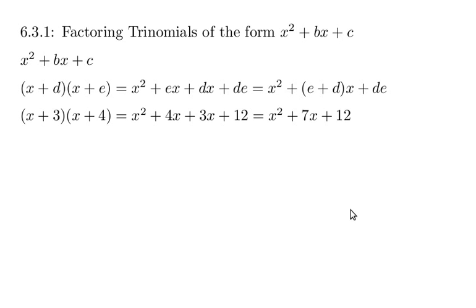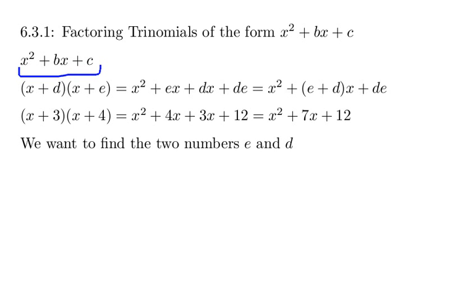If we're factoring x squared plus bx plus c, we want to find the two numbers e and d such that e plus d equals b and e times d equals c.